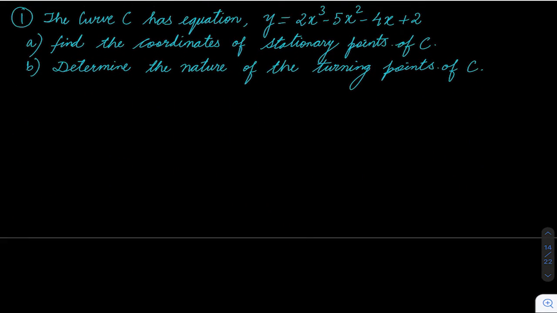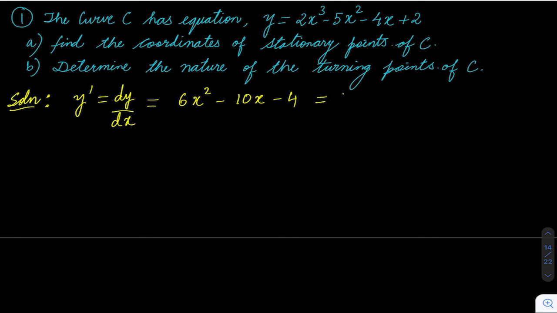Okay, first one. A curve has equation y equal to 2x cube minus 5x square minus 4x plus 2. So the curve is given. We have to find the coordinates of the stationary points. We have done this in a previous video also, so let's quickly solve this now. y dash, meaning dy by dx or f dash x, is equal to 6x square minus 10x minus 4.